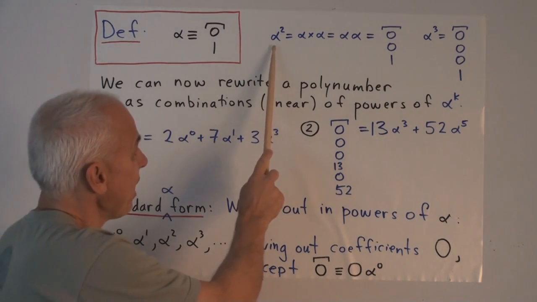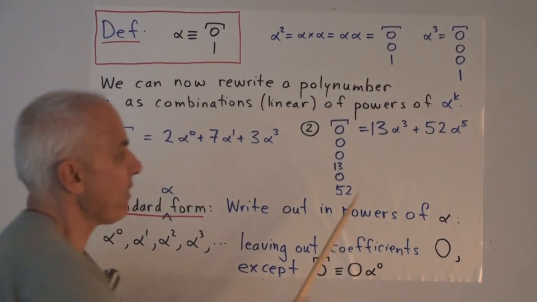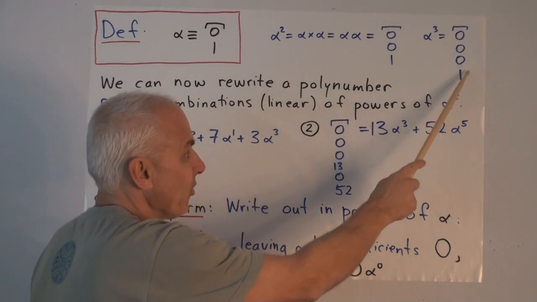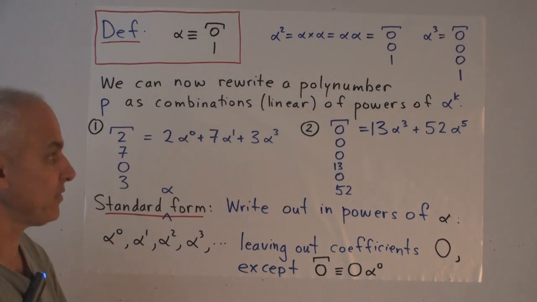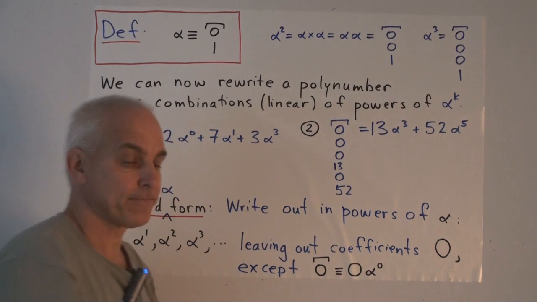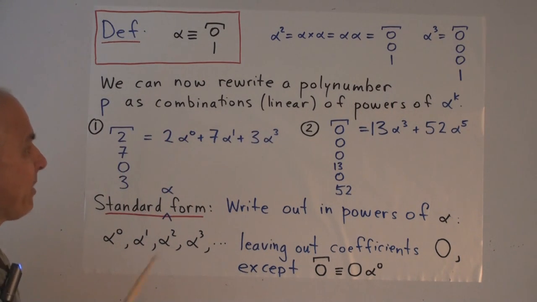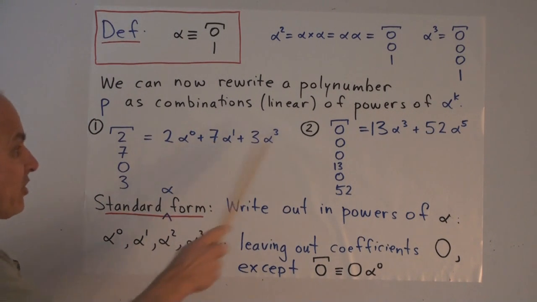Alright, then it's easy to check that alpha squared is the polynumber 0, 0, 1. Alpha cubed will be 0, 0, 0, 1. And in general, any power of alpha, alpha to the k, say, will be a string of k zeros and then a 1. That means we can rewrite a general polynumber as a linear combination of these powers of alpha.